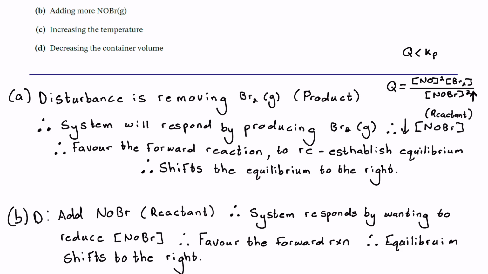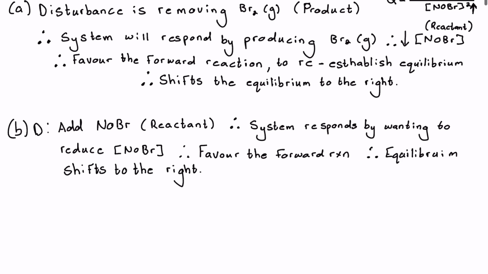If Q is less than Kp, that means for equilibrium to re-establish, the forward reaction must be favored until Q equals Kp again, and hence the equilibrium will shift to the right until equilibrium is re-established. So you can see how Q gives us the same indication as the qualitative prediction of Le Chatelier's principle.